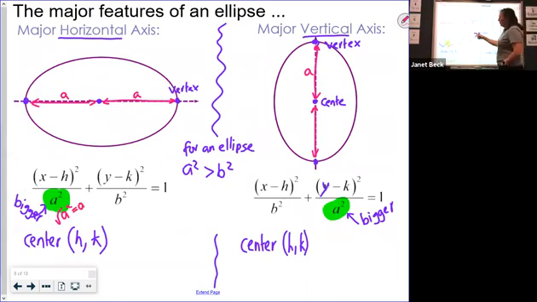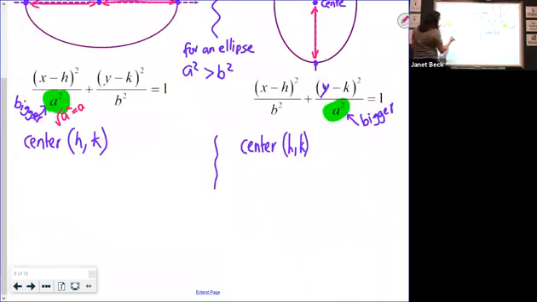Okay? So on a horizontal ellipse, those vertices are going to be left and right of the center. This one's horizontal. The biggest number was under X. So we're going to change the X coordinate.